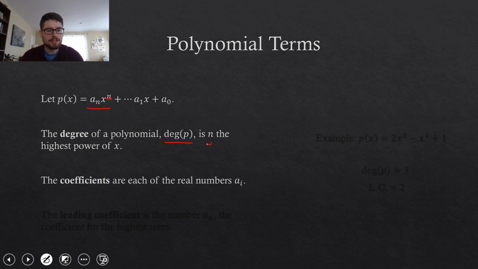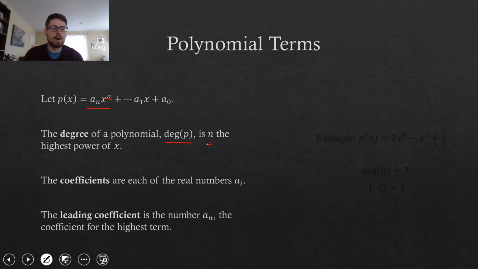And then each of those numbers in front, multiplying each power of x, are referred to as coefficients. So coefficients are all of those real numbers, a0, a1, a2, a3, and so forth up to a sub n. The top one, a sub n, is given a special term: it's called the leading coefficient.